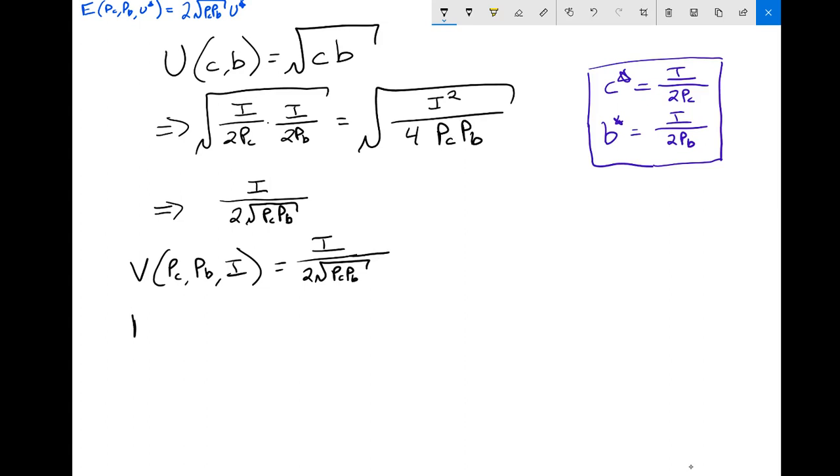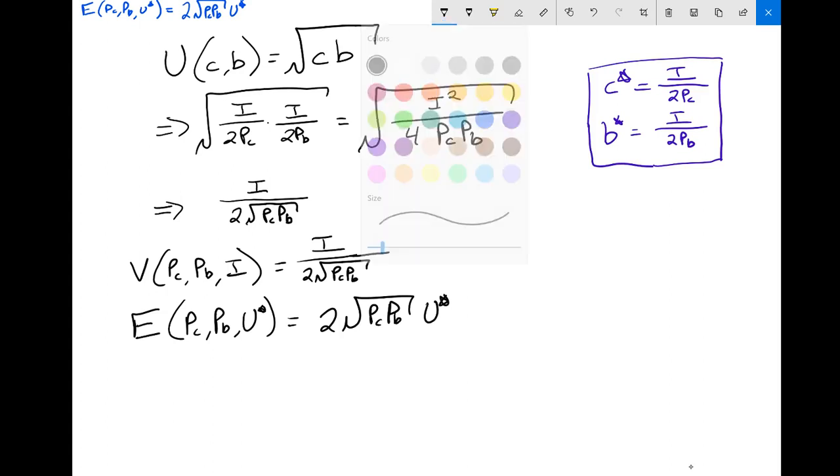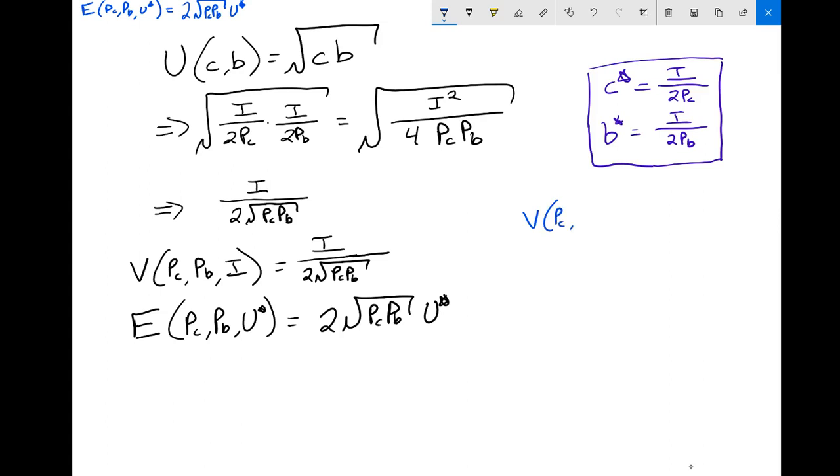All right, and now we're going to remember that the expenditure minimization problem yielded this. So now if I want to show that duality holds, remember duality, what I said was the value function, the indirect utility function, evaluated at the optimal expenditure function is just equal to U star.